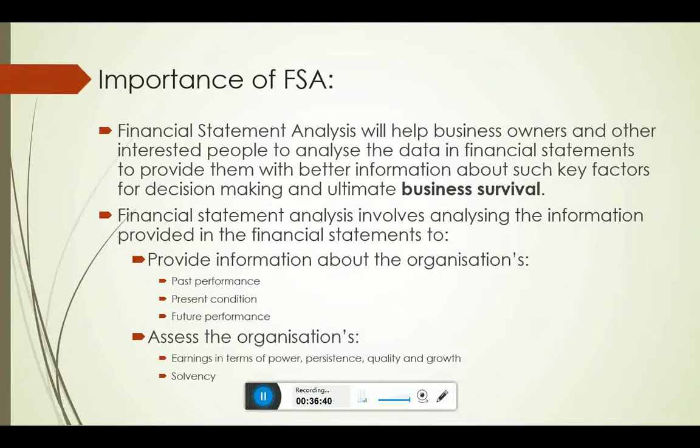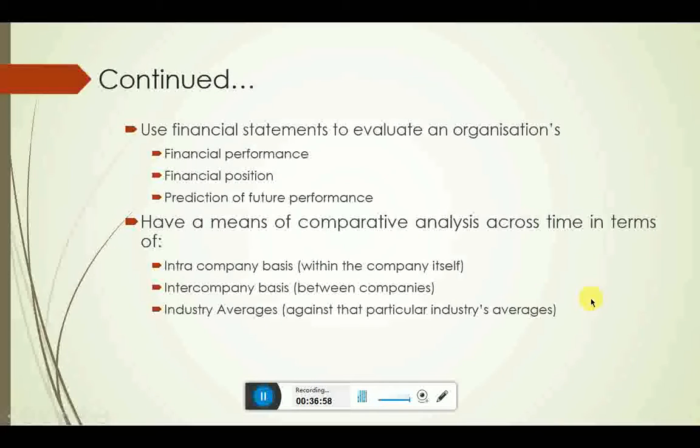If you want to find out the quality of growth of a company, right? Companies may grow, but there is something called quality. What is the quality of growth of a company? That is very important. In order to find that out, we have to use financial statements analysis, and it helps us a lot.